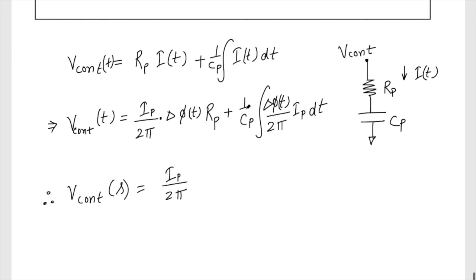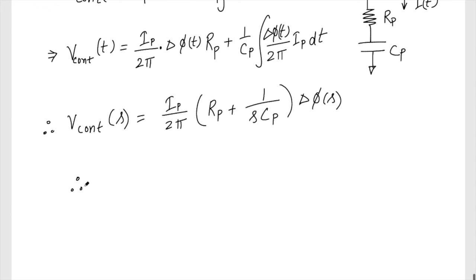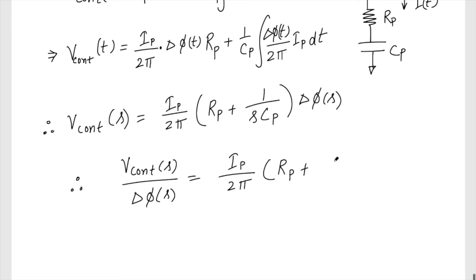Then it becomes RP plus 1 by, the integration becomes, S into CP, and of course we have the delta phi S. So therefore my new equation is going to become V cont of S by delta phi S is equal to IP by 2 pi into RP plus 1 by S CP.